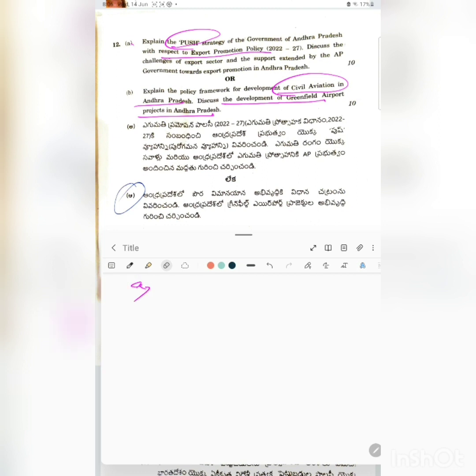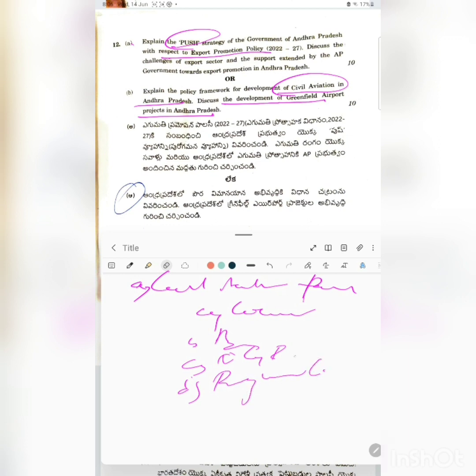What I wrote is what civil aviation policy is: construction of greenfield airports, brownfield airports, viability gap funding, regional connectivity increase, development of six airports, and various other aspects.